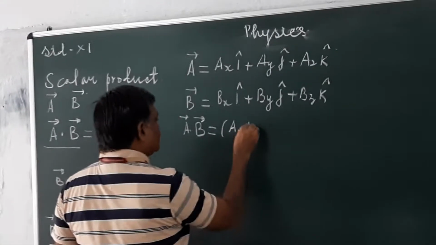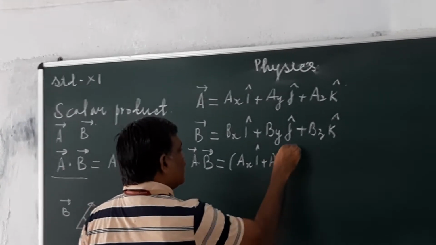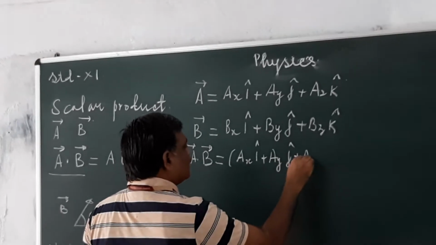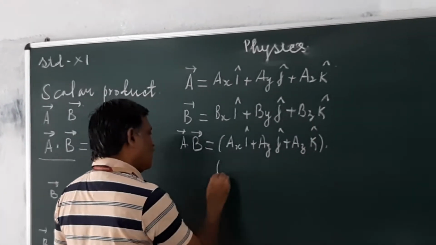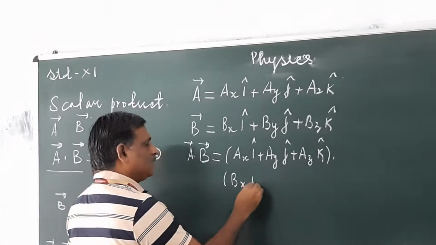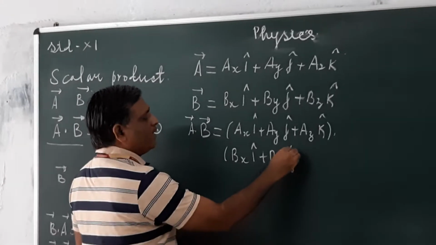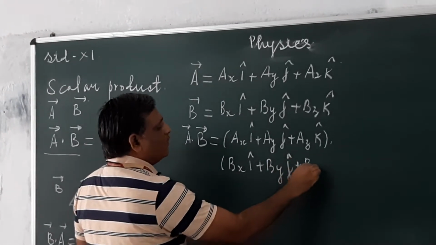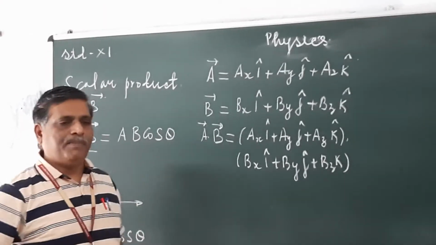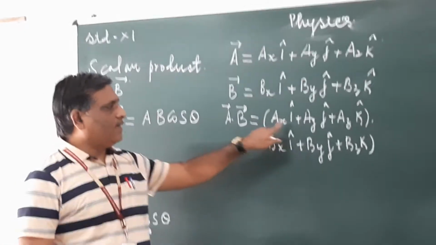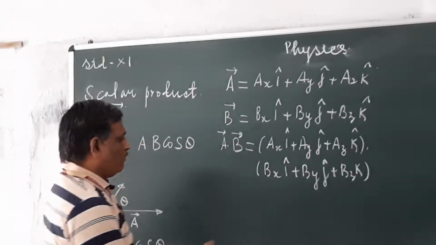A dot B is (AX i plus AY j plus AZ k) dot (BX i plus BY j plus BZ k). Simply I wrote A dot B. Now we will operate it one by one.